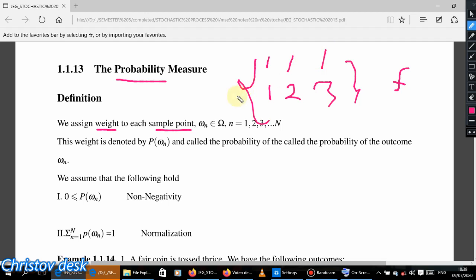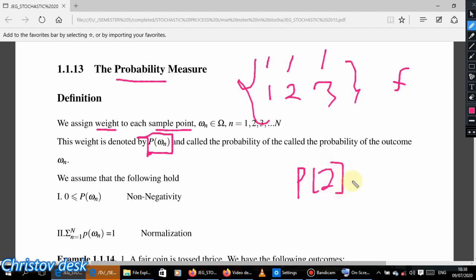So this weight is denoted by probability. We say that the weight is a probability. If the experiment is going on, what's the probability that you get a 2? So you're looking at P2. That's the weight.